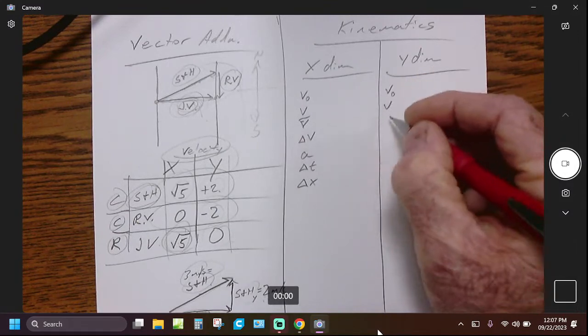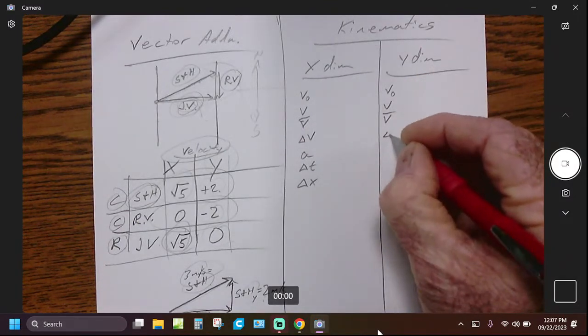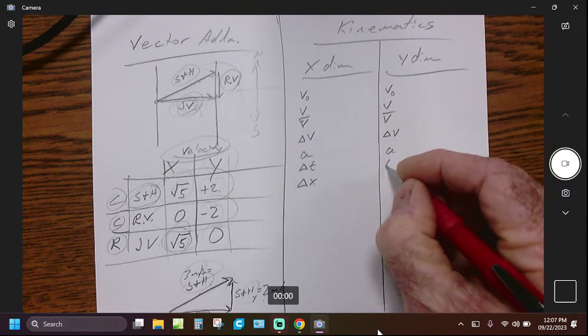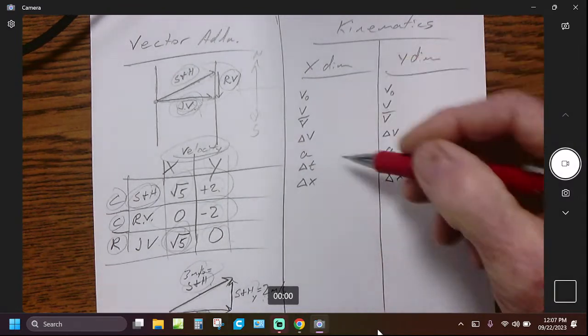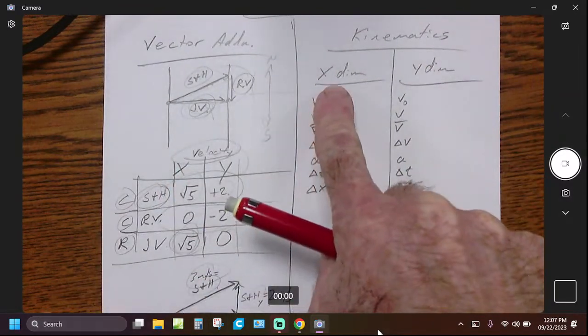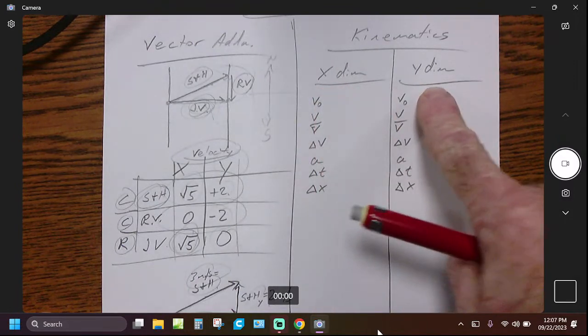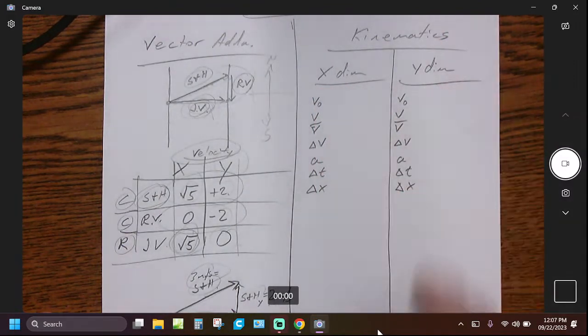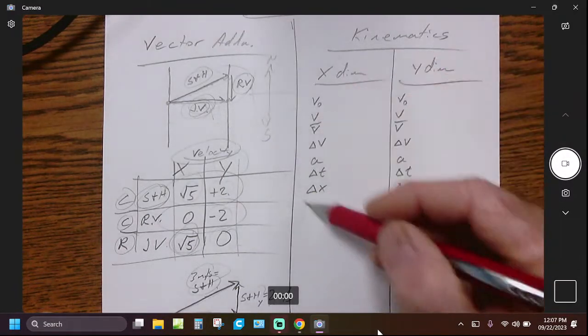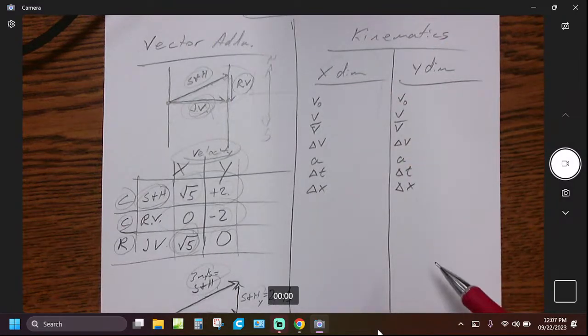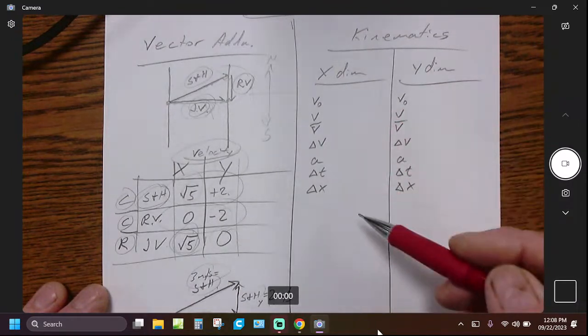We can have different kinds of velocities and accelerations and whatnot in the y dimension, and I could just do kinematics problems on what's happening left to right, and then I could do kinematics problems on what's happening top to bottom. So I can cross out a bunch of these. In the x dimension, which of these can I cross out? Or it might even be better to say, which of these can I not cross out? But let's do which ones can I cross out? Which ones don't exist?